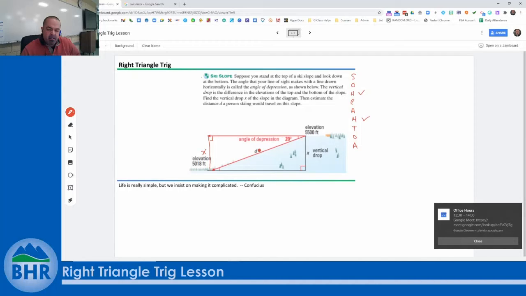I get to the X, and in order for me to get to the X, I need to go across my triangle to get there. So that is an opposite. And then I come around to this side, and there's nothing here. I'm not looking for anything. I don't know anything, so that's it. So I look back, and I have just the sine. Cosine is not, tangent is not. So sine of theta is equal to opposite over hypotenuse.